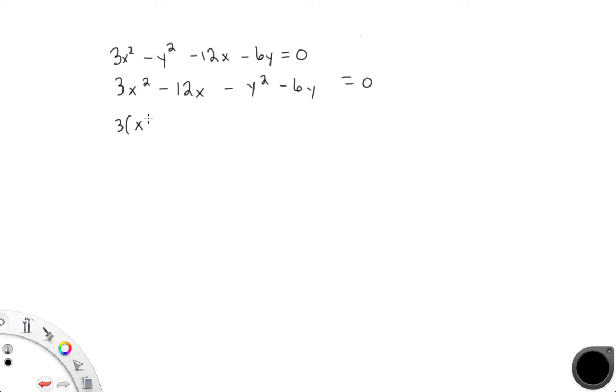Actually, I'll do them both. In the case of the y, the leading coefficient is a -1, right? We want to get rid of that negative if possible.